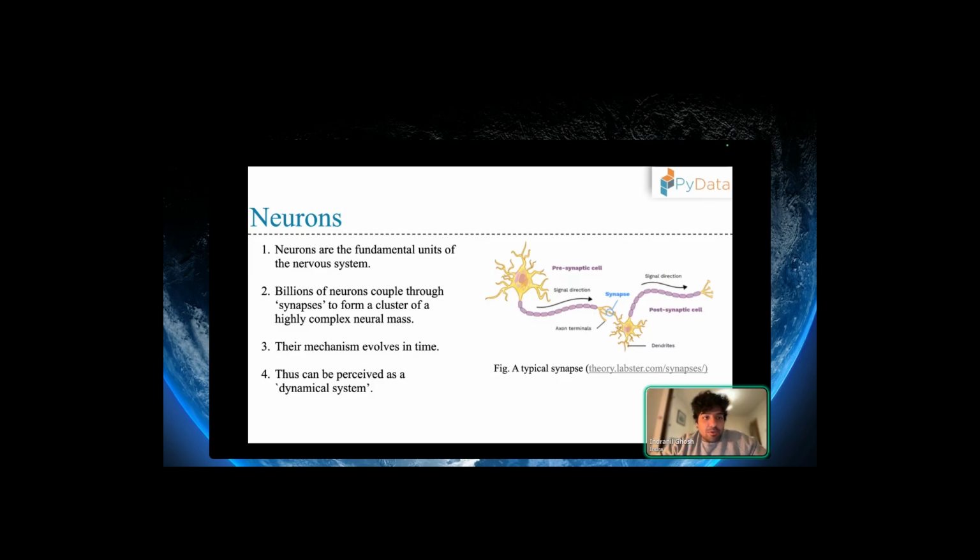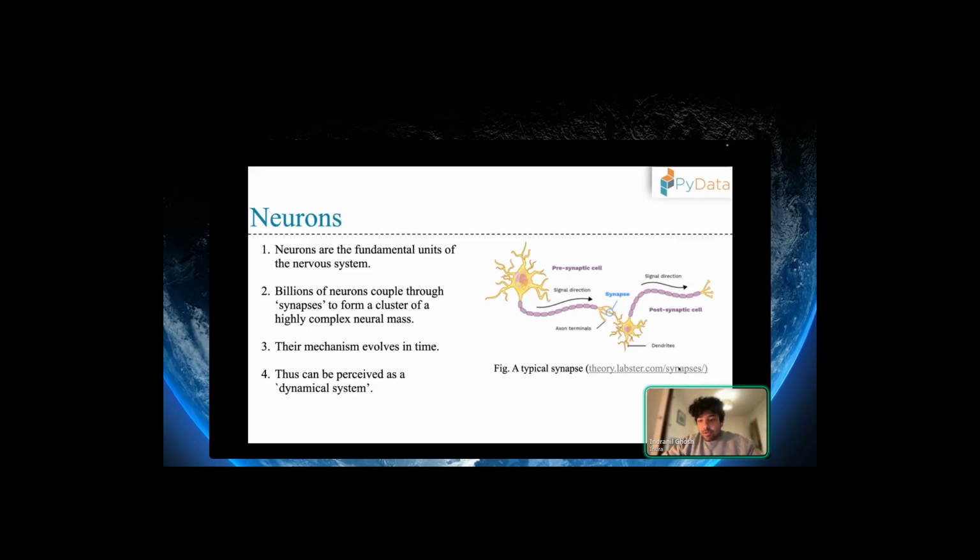Neurons. I'm pretty sure everyone knows what neurons are, but I'm going to dive a bit into the biological aspects so that you get a flavor of what I'm talking about. Neurons are the fundamental units of the nervous system that drive our everyday mechanisms, I would say. Billions of neurons couple through a functional structure called the synapse that you can see here.